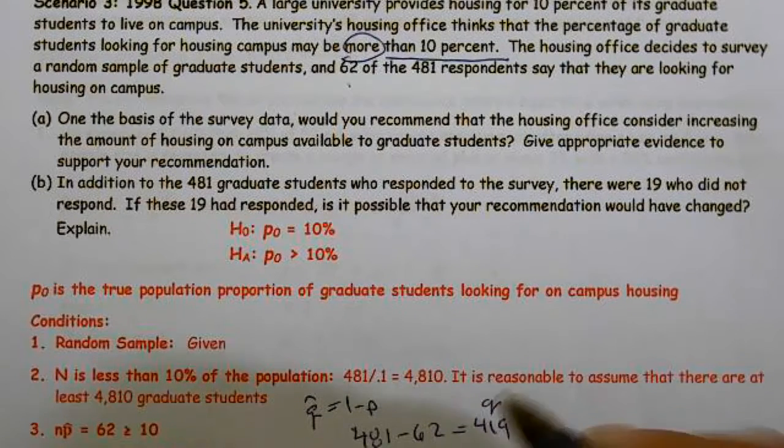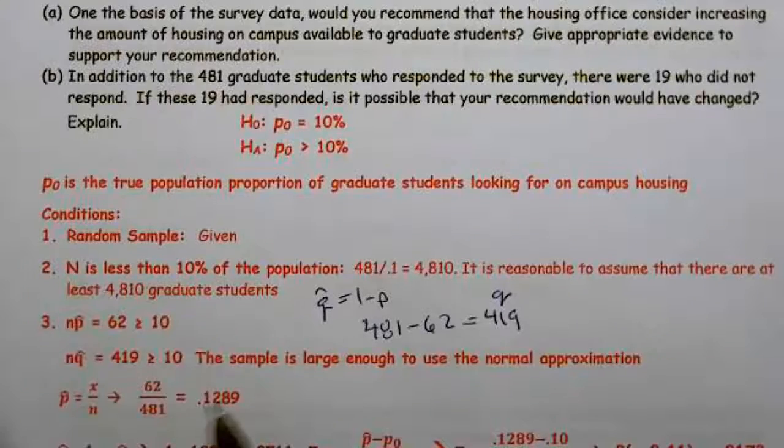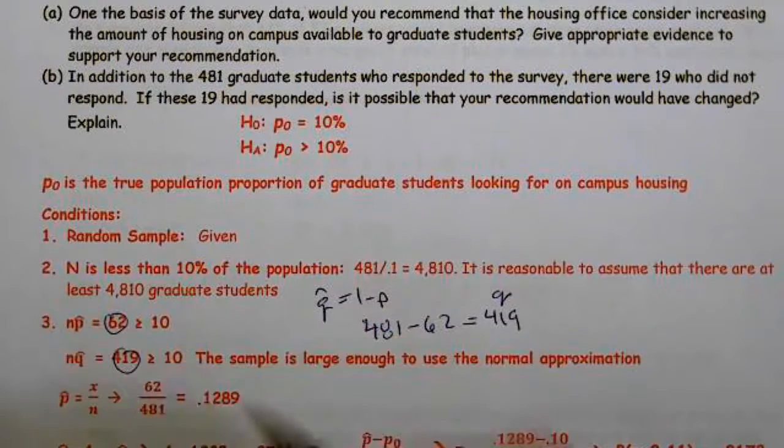So that's what Q hat is. This is also greater than 10. So basically we satisfied our normality condition. And please remember, these have to be whole numbers, as does N, right?